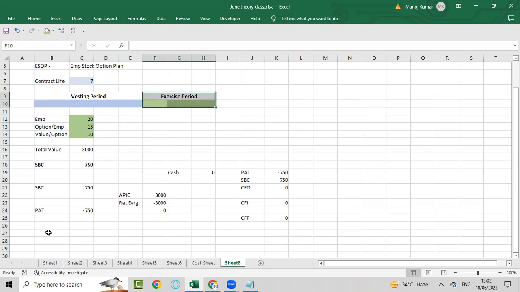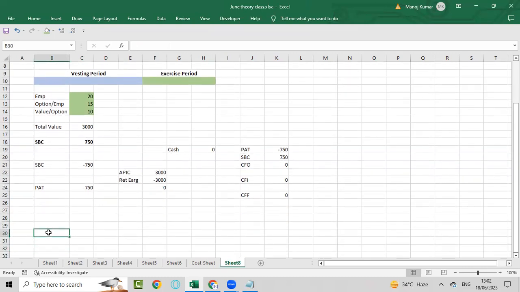So what will happen now? Options converted to equity at 40 rupees each. How many options? 20 options converted to equity at 40 rupees each.